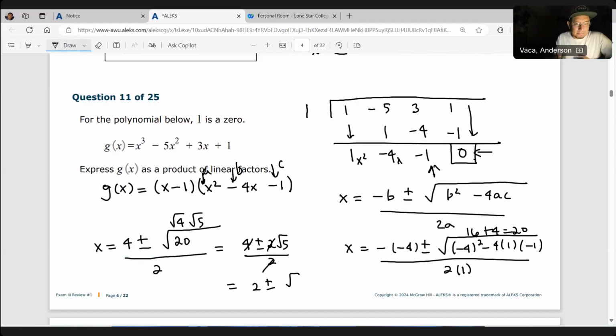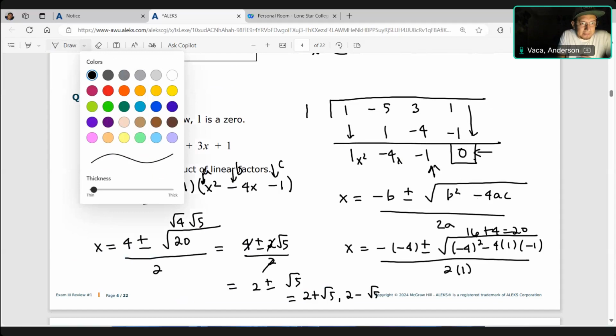Oh, come on. All right. There's the other zeros. What are they? 2 plus the square root of 5 and 2 minus the square root of 5. So g of x, let me use a different color.